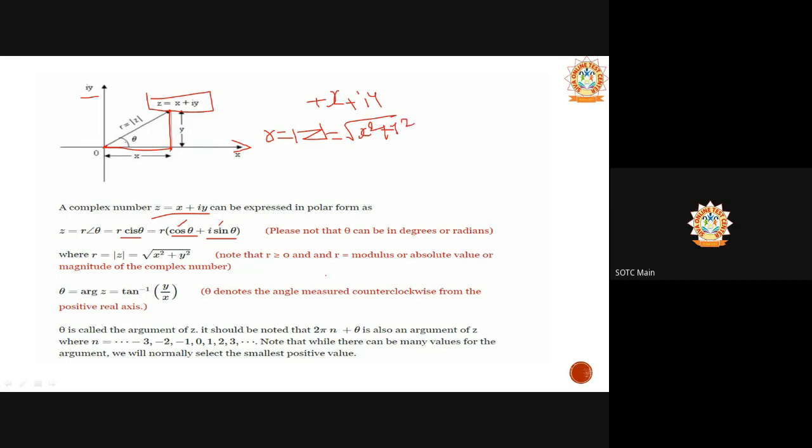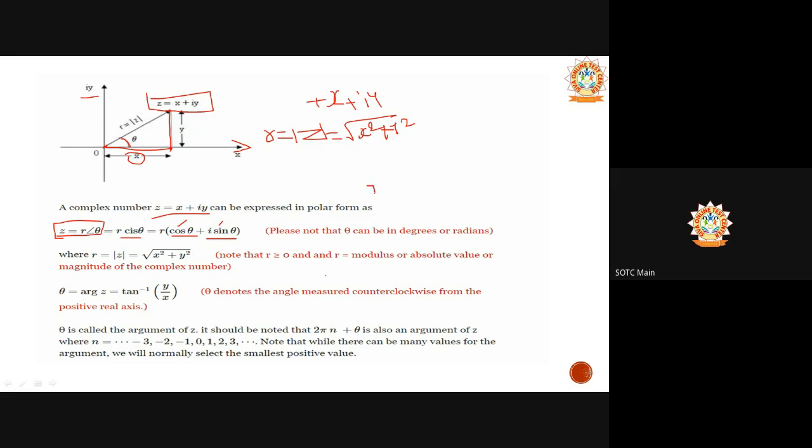Now I am assuming this is theta. Here z is equal to r theta, where this is cis theta, that is cos theta plus i sin theta.